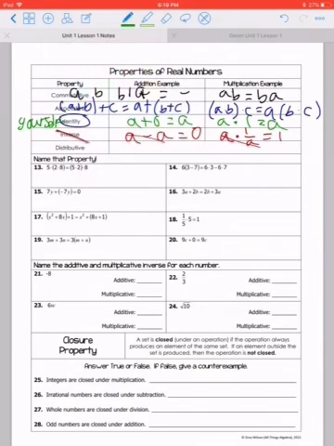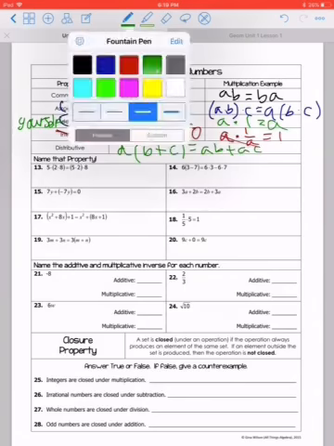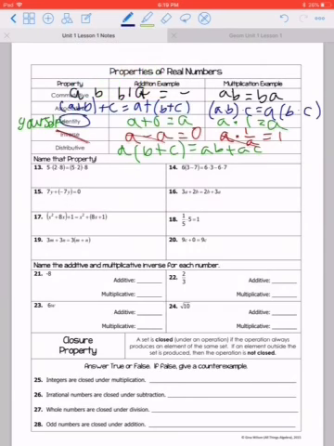Alright, then distributive property, we should definitely know this one: A times (B plus C) equals AB plus AC. Now the rest of this page should be pretty quick. We're going to name that property. So 13, if you look at it, we have 5 times (2 times 8) equals (5 times 2) times 8.